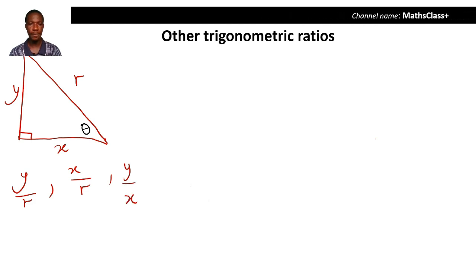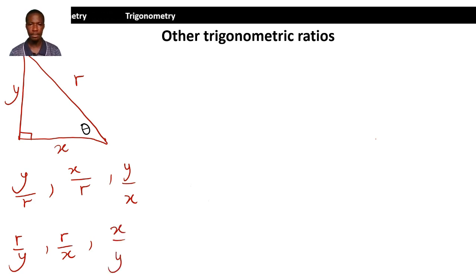We can also have r over y, r over x, and then x over y. All these 6 divisions, we can have them.